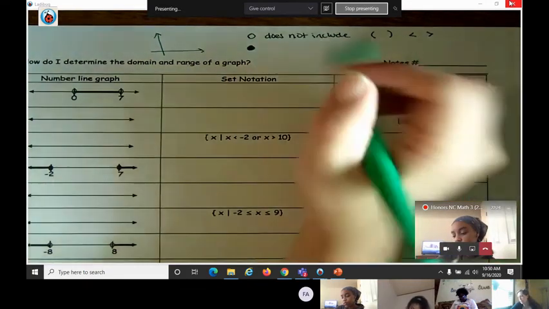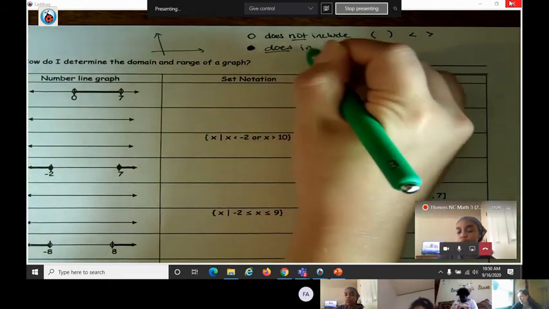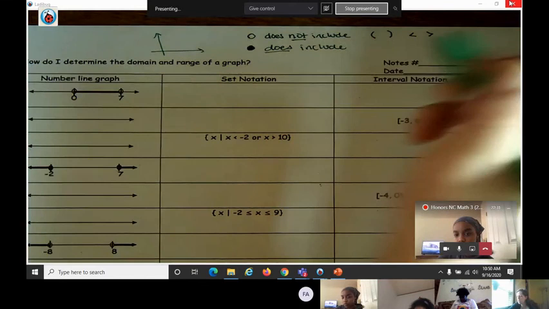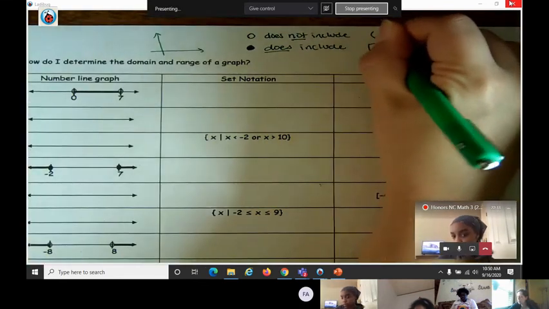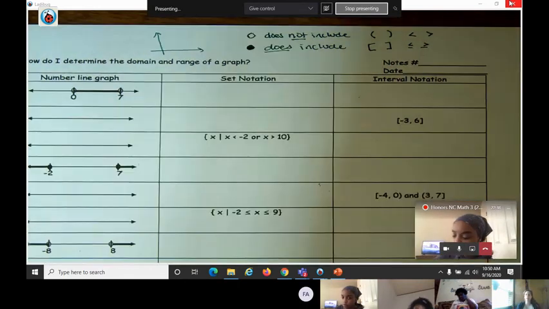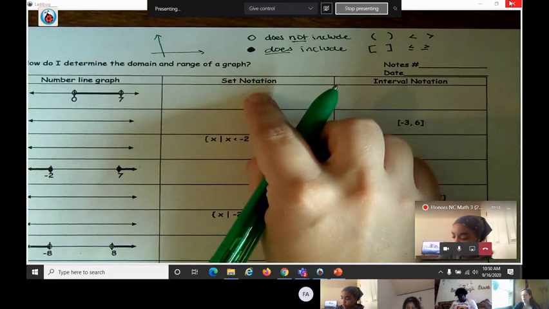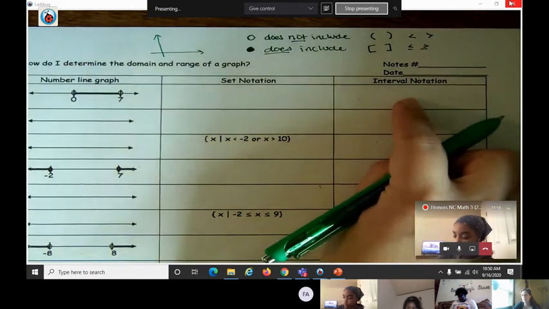The closed circle means it does include. And this would be square brackets or less than or equal to or greater than or equal to. Okay, so we're talking about two different ways to notate this. We can do interval notation or set notation. You're probably a little bit more familiar with interval notation, so we'll start there.